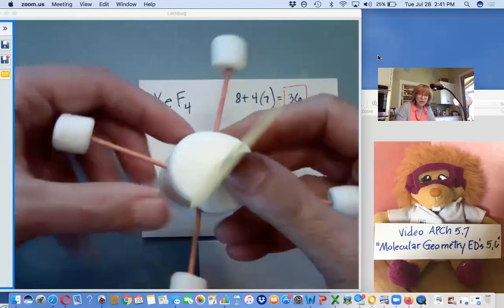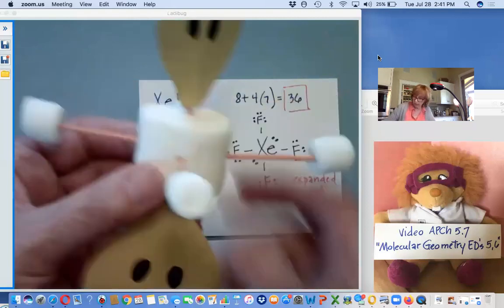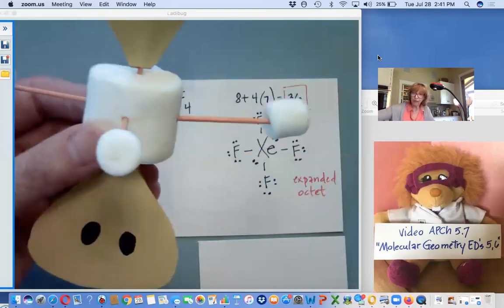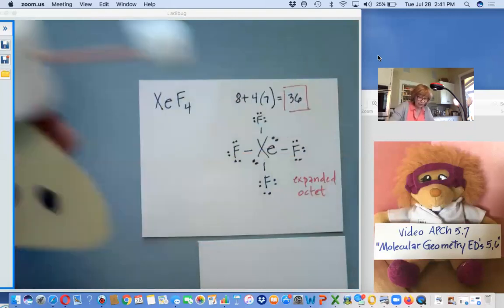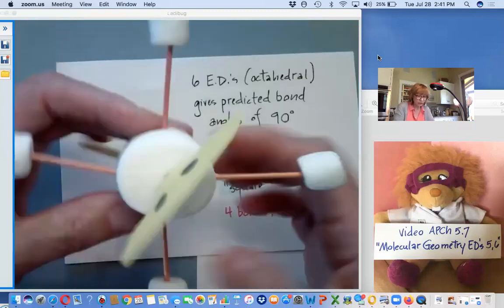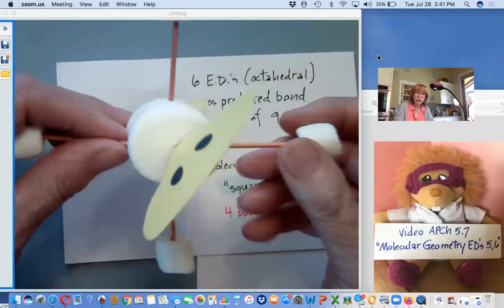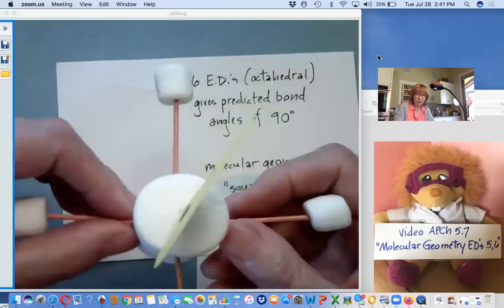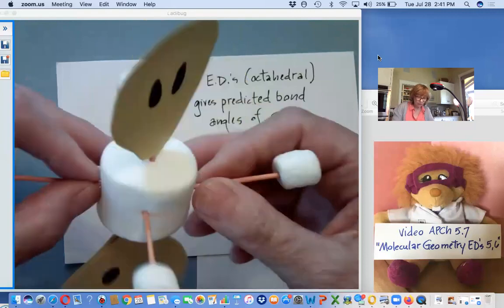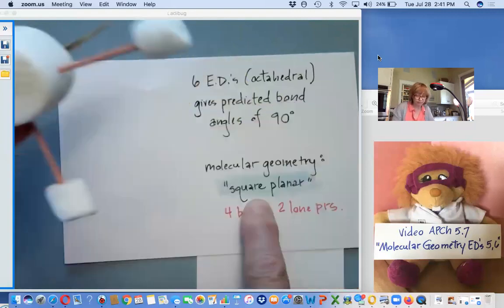The name of this geometry is square planar. It's flat as a pancake. Remember, as you're naming the molecular geometry, you're ignoring the lone pairs, and you're just looking at the atoms and the bonds that connect them. Square planar for this one.